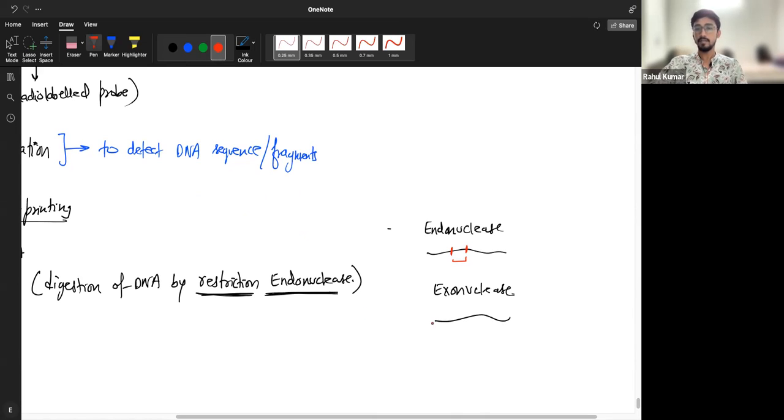If this is the DNA, it starts cutting the DNA from the side, from outside. It cannot cut from inside. If something is digesting DNA from the ends, it's called exonuclease. And if something can cut anywhere in a targeted manner, wherever you want, that's called endonuclease. Is it clear, everyone?